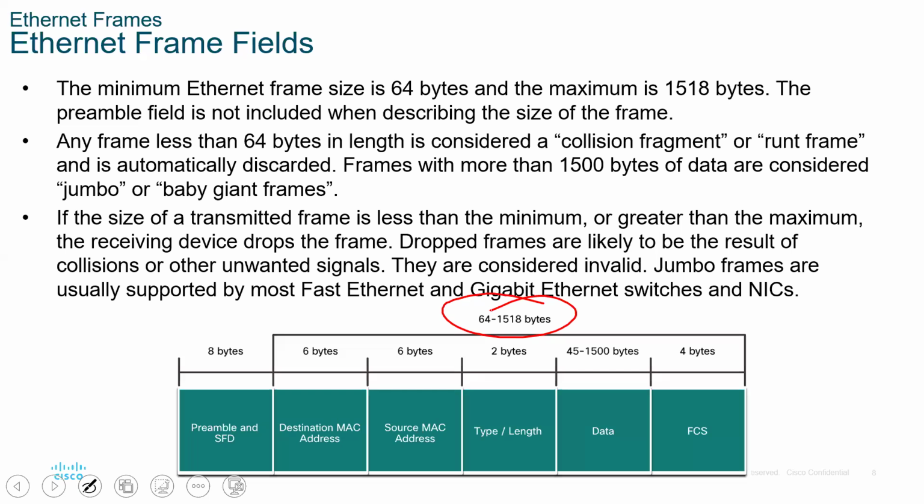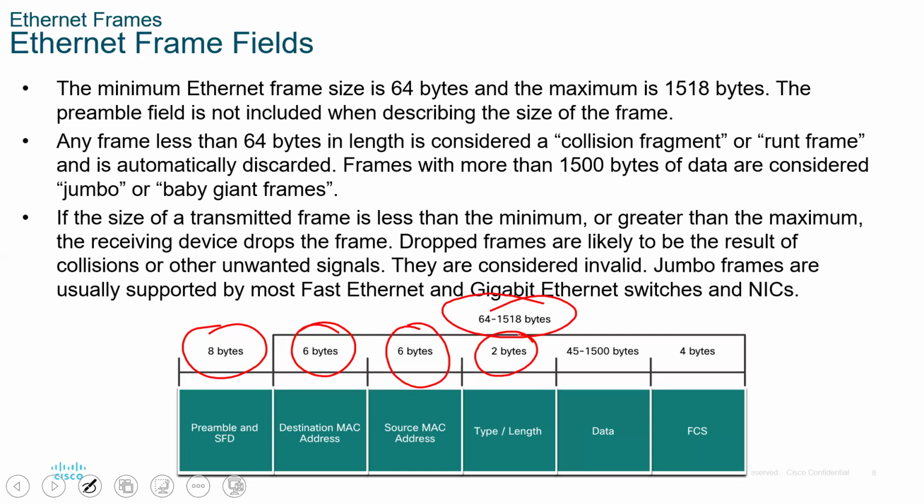You have the preamble, which is about 8 bytes. You have the destination MAC address, which is about 6 bytes. You have the source MAC address, which is 6 bytes. You have the type and length, which is 2 bytes. Then you have the data itself.